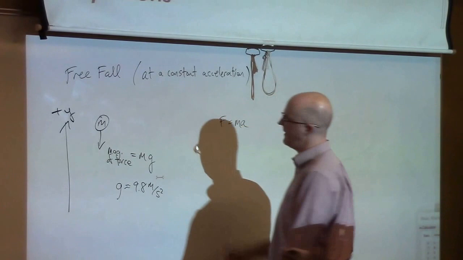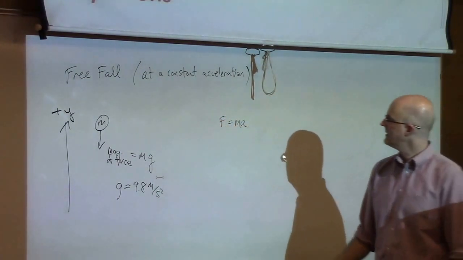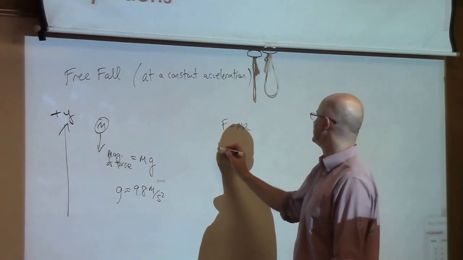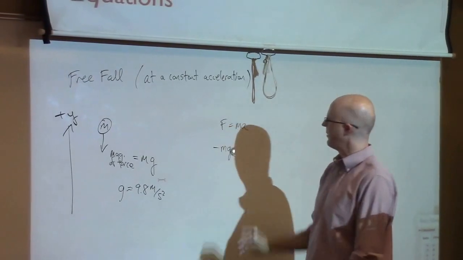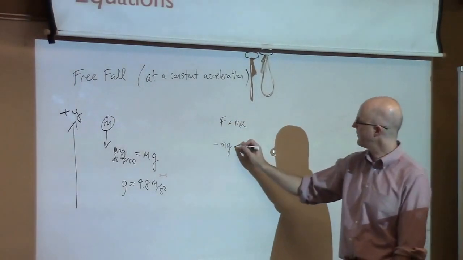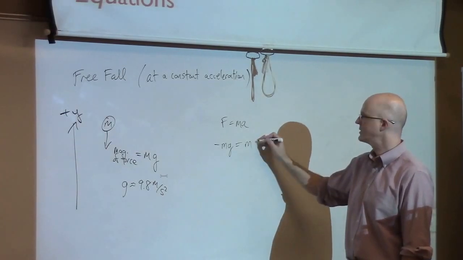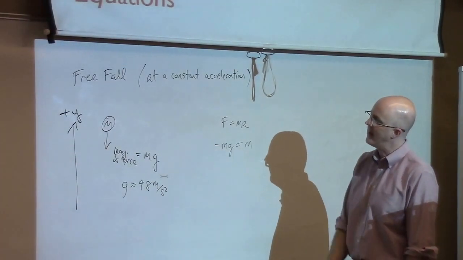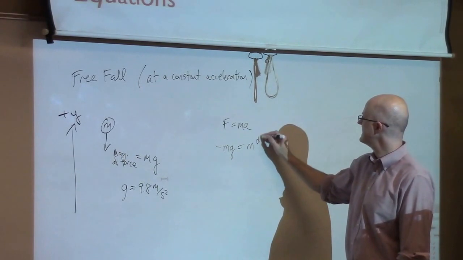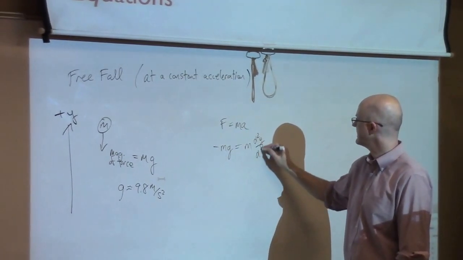Newton's second law, F equals ma, could be written then as negative mg for the force equals the mass times the acceleration of the mass, which, with y being the height, would be the second derivative of the height with respect to time.